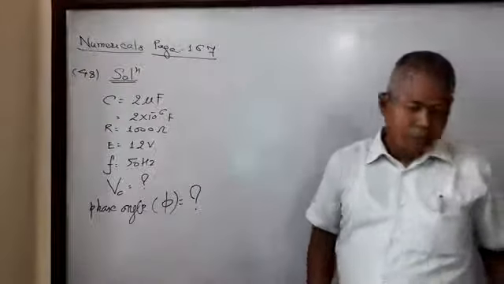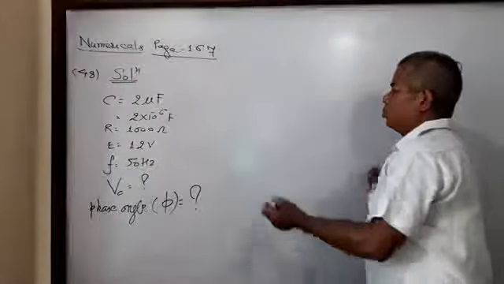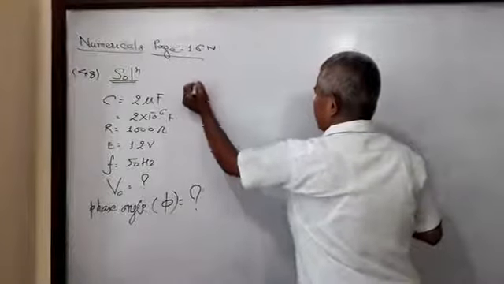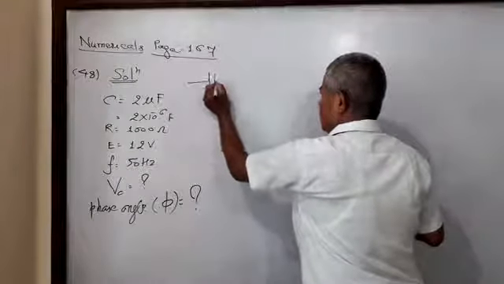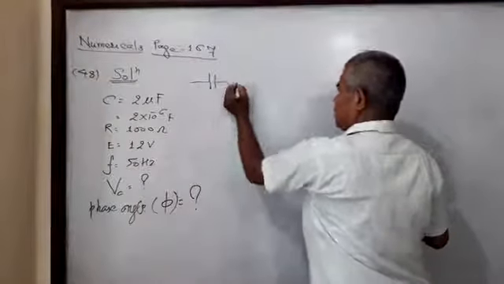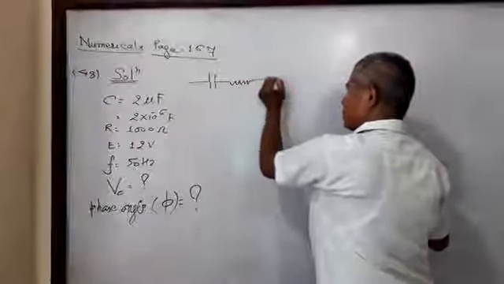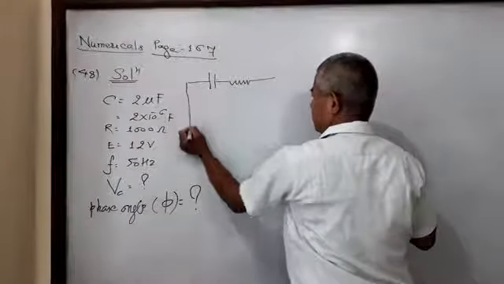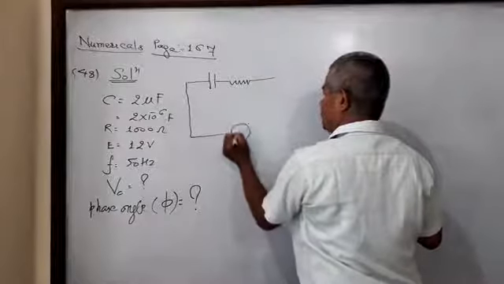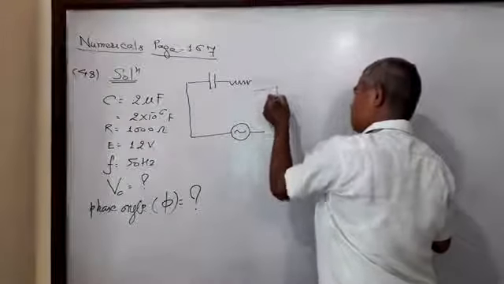The circuit diagram of this question is a capacitor and resistor, means an RC circuit together. R and C are together.